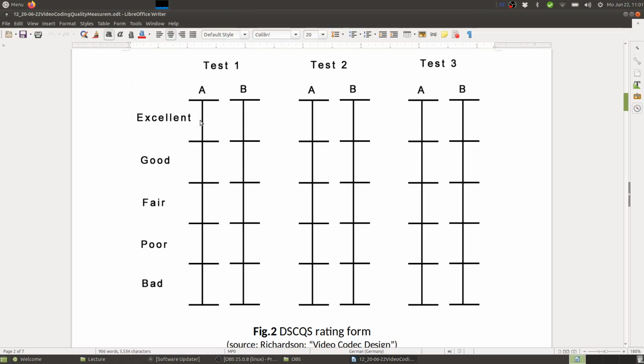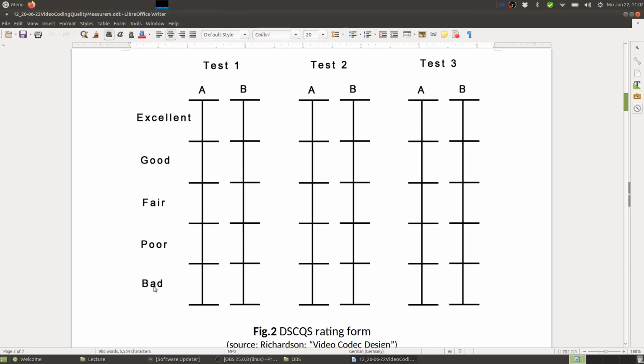And this also allows us to estimate how reliable a test person is in this test, because often the same sequence is presented several times and in different orders, and if the test person doesn't rate it consistently, then it's not so reliable.